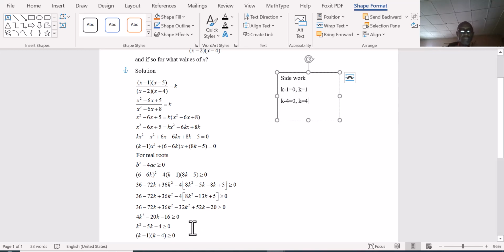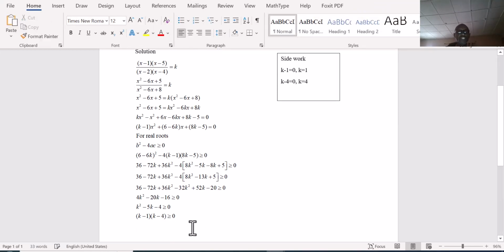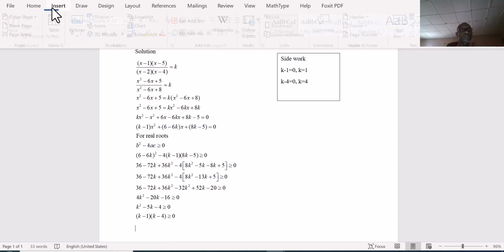When you are creating your table, I'm going to create a table for us to know the range where this expression is valid.